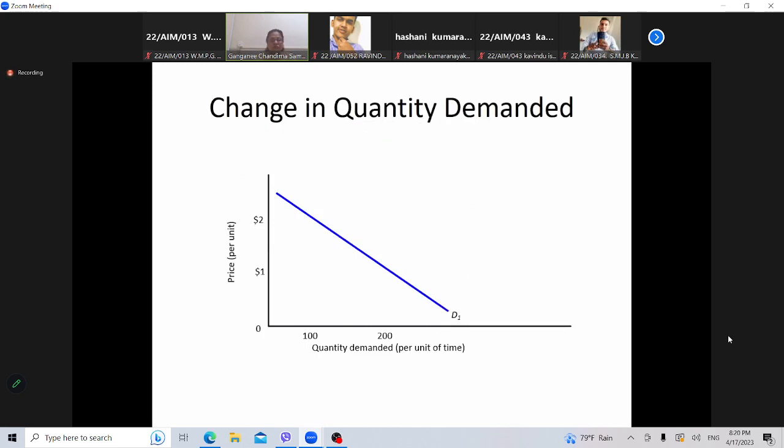So if we draw the change in quantity demanded, movement along the curve, it's easy for you to understand. From A to B, prices are increasing, you can see, but quantity demanded is decreasing from 200 to 100, while price is increasing from $1 to $2.